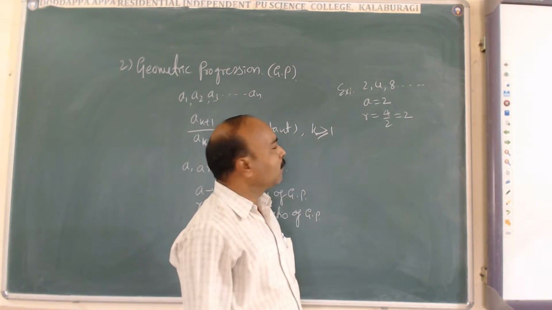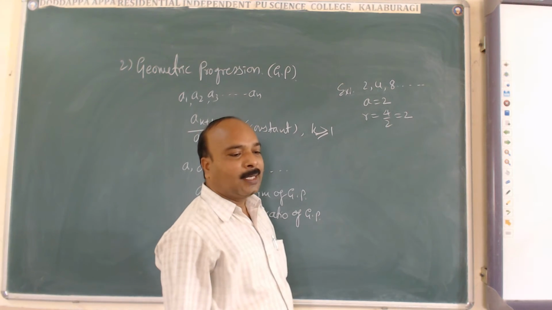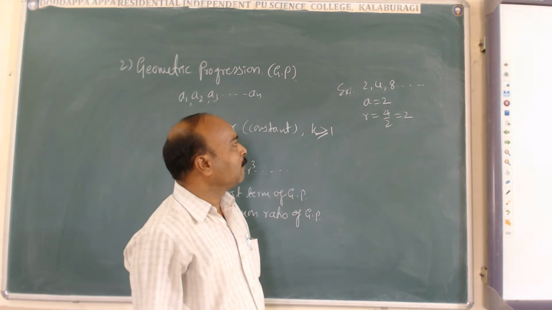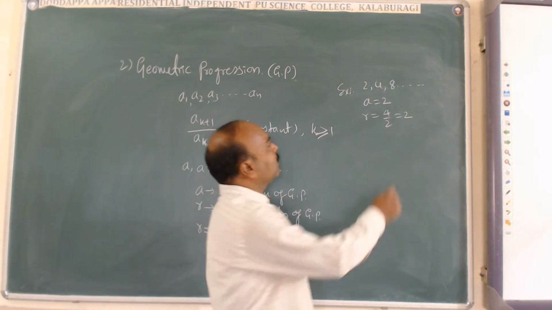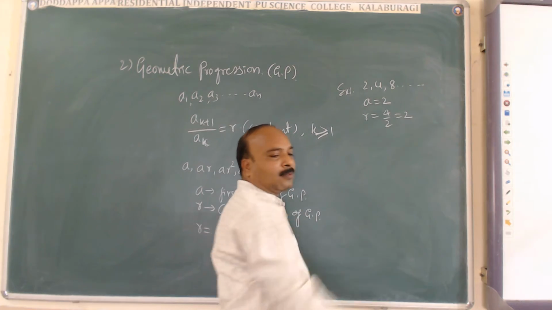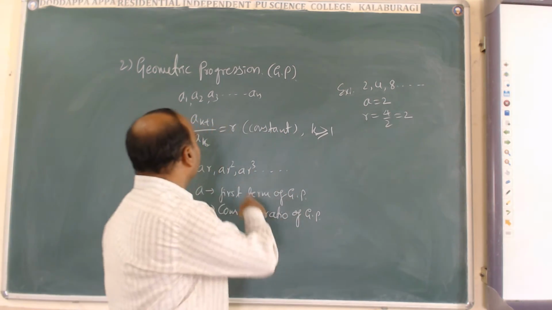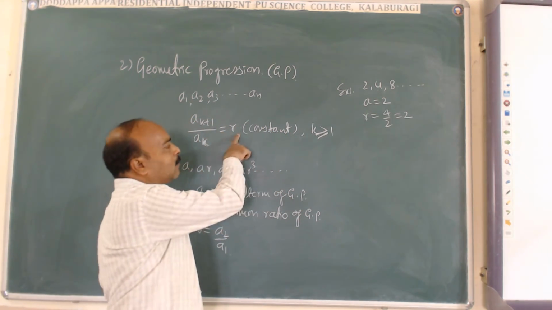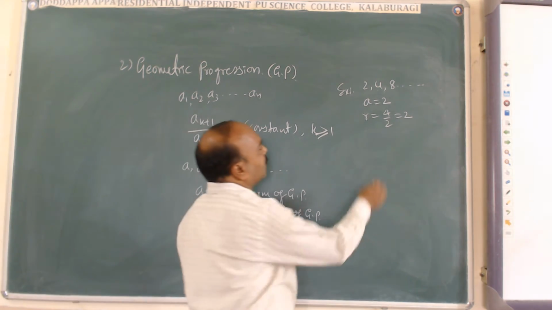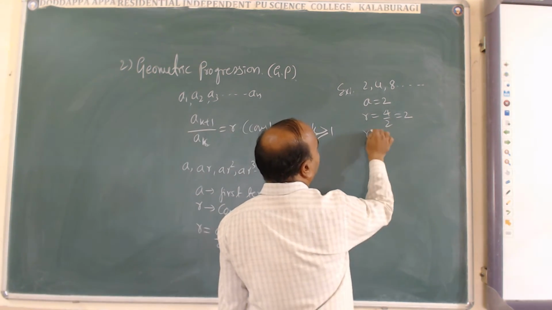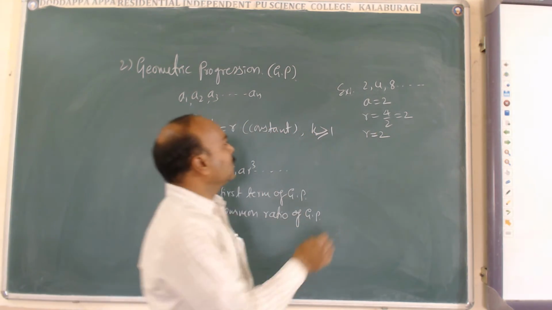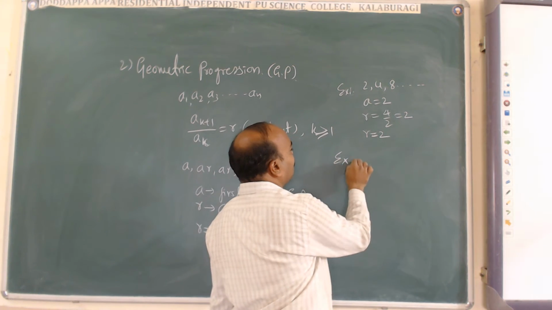Therefore any term by its previous term is constant. So it is a geometric progression, because a2 by a1 equals 2 and a3 by a2 is also 2. It is nothing but a_(k+1) by a_k equal to r. Here r is a constant, r equal to 2. Like this we observe the geometric progression.